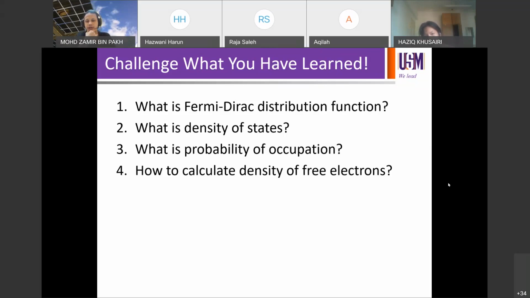Look at the keywords there. Probability of occupation. Same thing like the first one, it's the very same equation. Probability of occupying the states, which is given by the Fermi-Dirac distribution function. Okay, so how do we then calculate density of free electrons or free holes, for example?